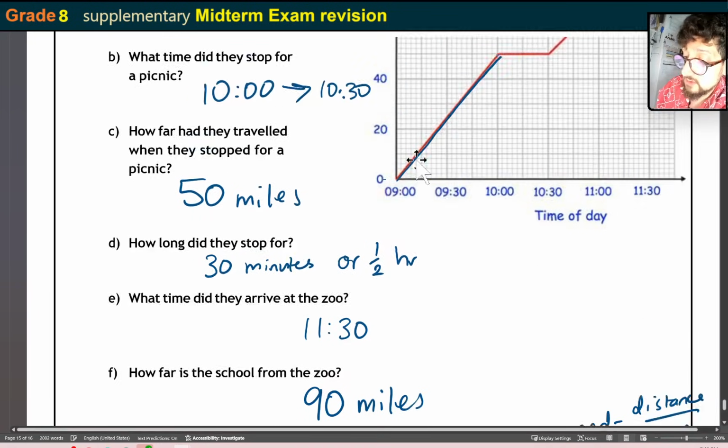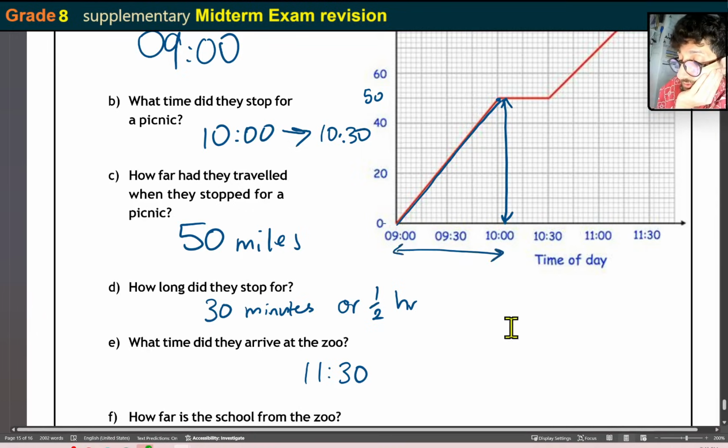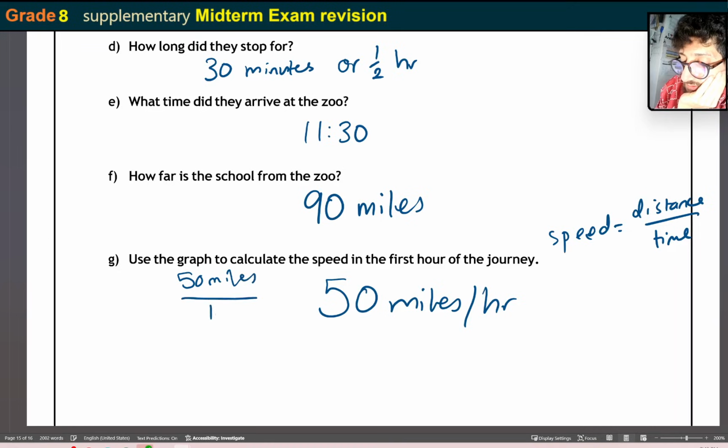Now they want the distance, which is over here, and the time, which is over here. So it's going to be 50 miles in an hour. So that's going to be the speed, 50 miles per hour, because it was 50 miles divided by 1 hour. That's the speed, distance over time.